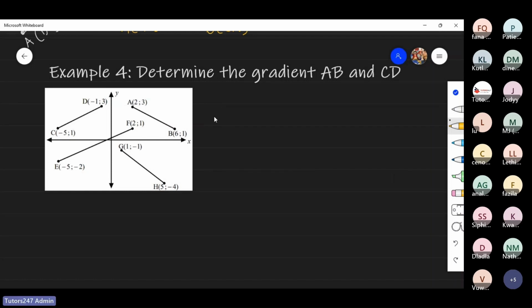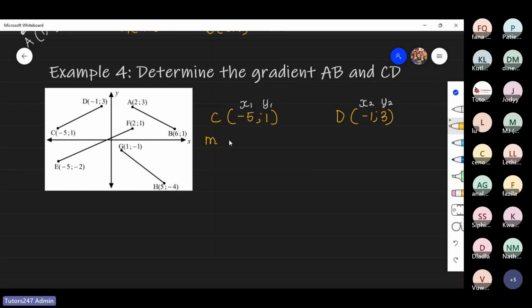negative values. So we've got C, which has coordinates -5 and 1. We've got D, which has coordinates -1 and 3. So from here, I'm making C my x1 and y1 values. I'm making D my x2 and y2 values.